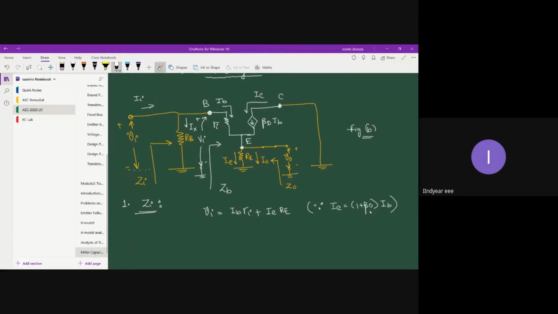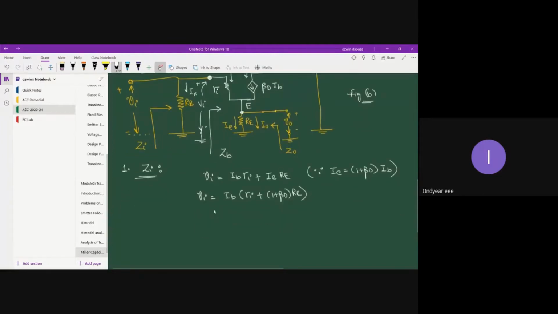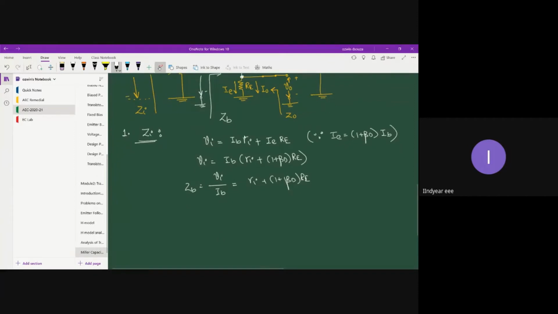It's not just beta, it is beta D, and therefore you would get Vi as IB times Ri plus IE, and I'm going to replace IE with this, that's 1 plus beta D into RE. Or you take out the ratio Vi by IB, voltage by current ratio is impedance, and that impedance, you will get it as Ri plus 1 plus beta D times RE. So that's your ZB.